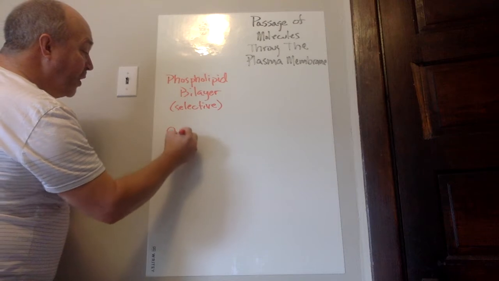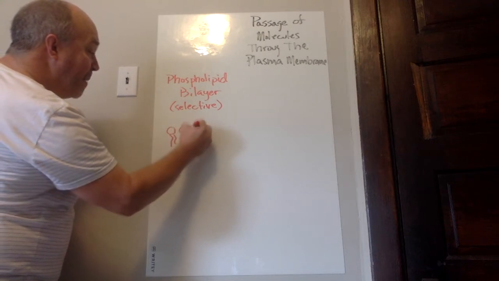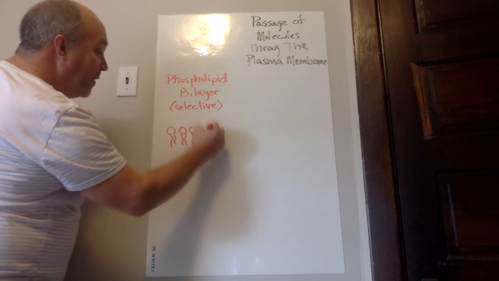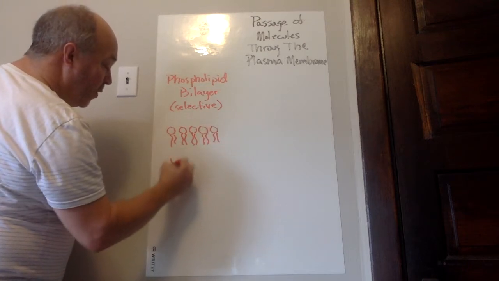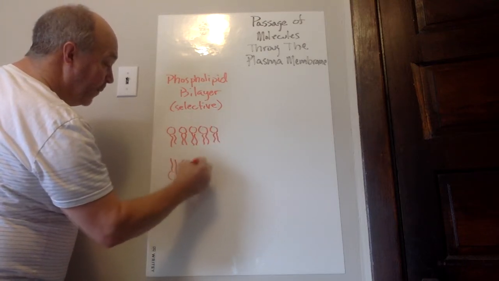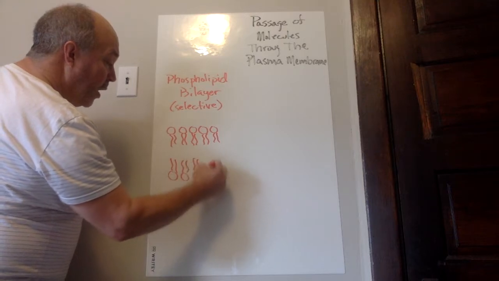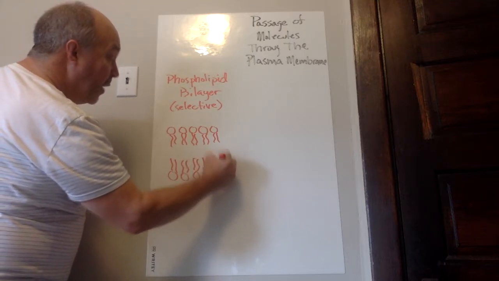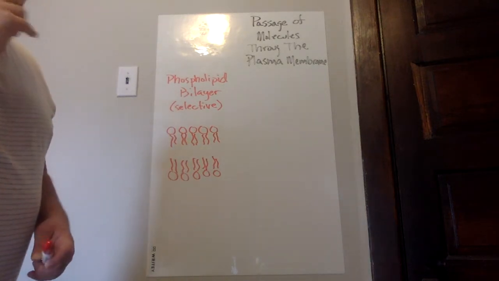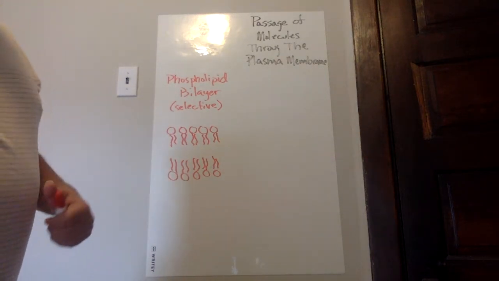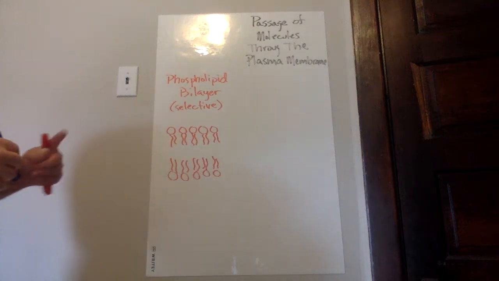So in that portion of our plasma membrane, where we have phospholipids, I'm just drawing a quick small section, there are certain things that will use the phospholipid bilayer in order to pass through. And certain types of passage are only going to be allowed here.